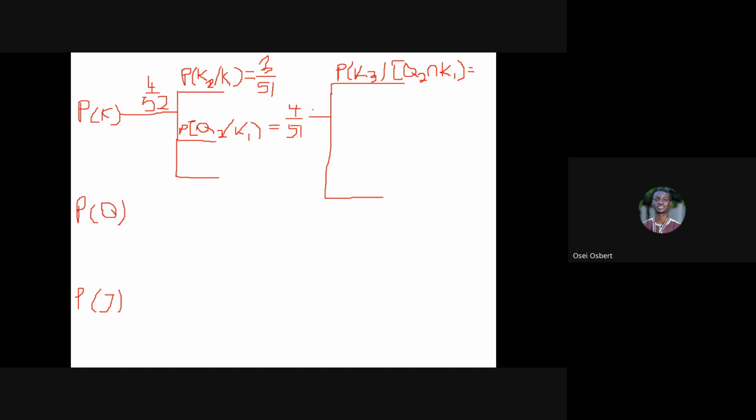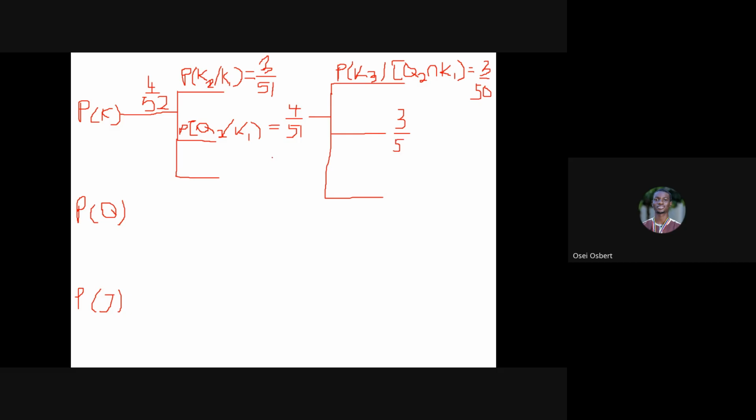I think with this, that will be 3 on 50. So the probability of getting a queen, provided that a king has already occurred, this one will be 3 on 50.